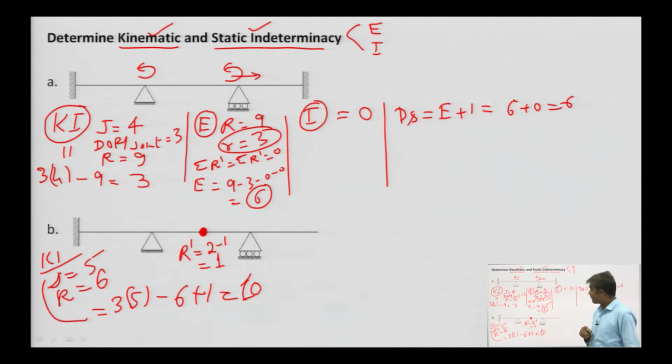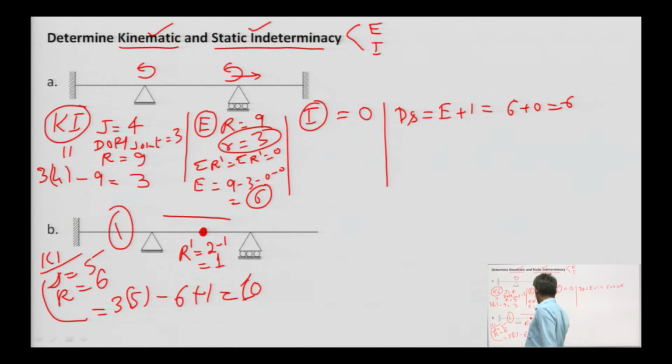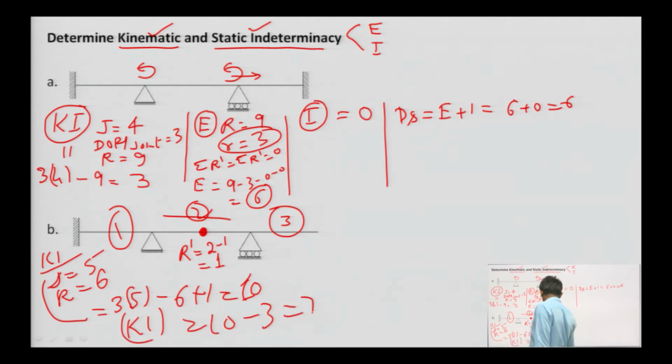What will be the inextensible kinematic indeterminacy? Subtract the number of members: 1 here, 2 here, 3 here. So, 3 members will be subtracted. The kinematic indeterminacy in case of inextensibility will be 10 minus 3, means 7.